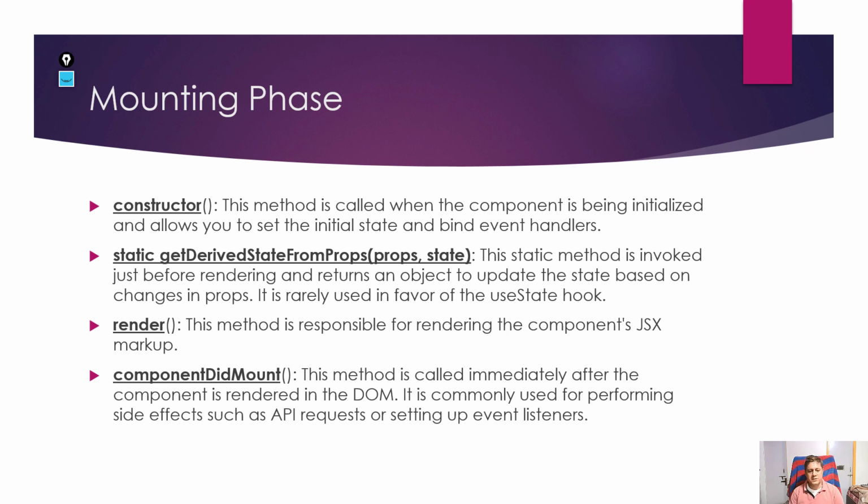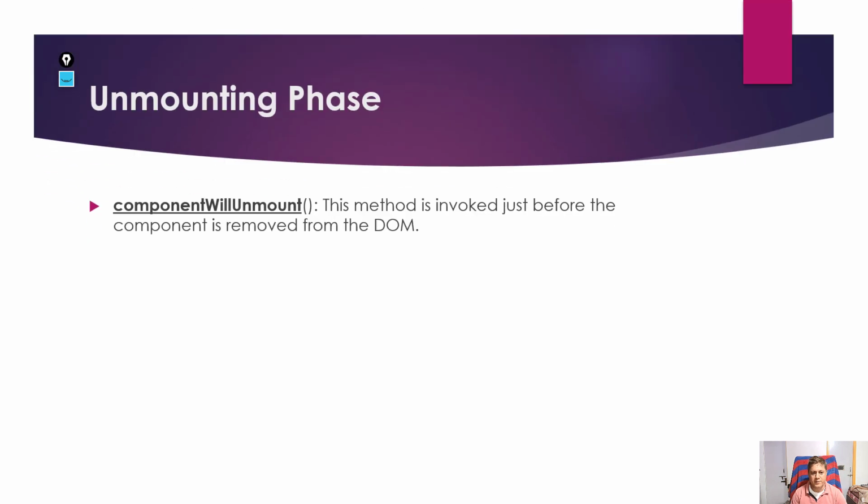Next is componentDidMount. This method is called immediately after the component is rendered in the DOM. It is commonly used for performing side effects such as API requests or setting up event listeners. Whatever use case you have, you can write the code inside componentDidMount after mounting.